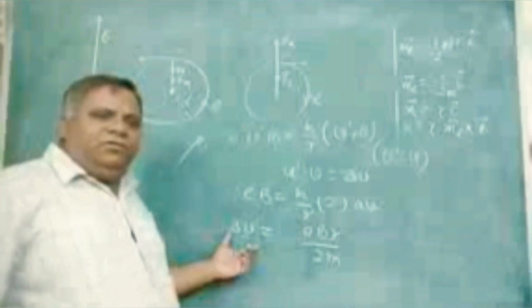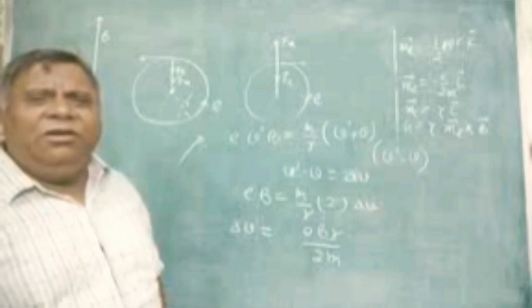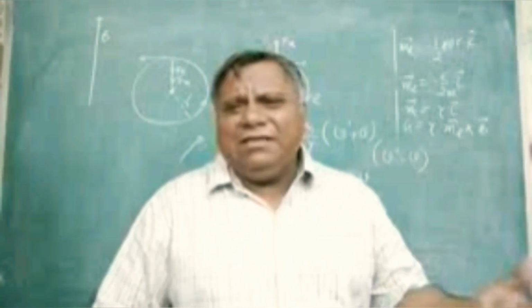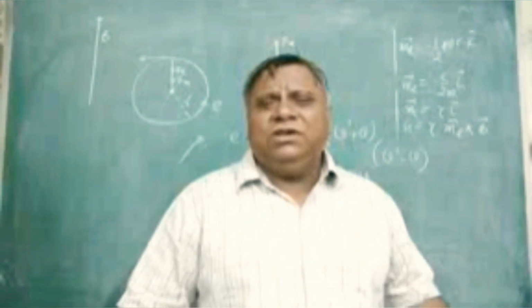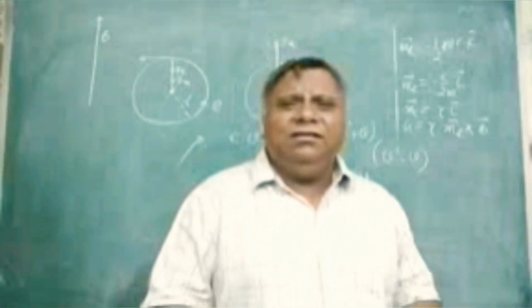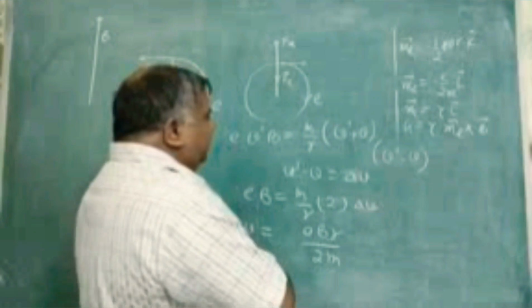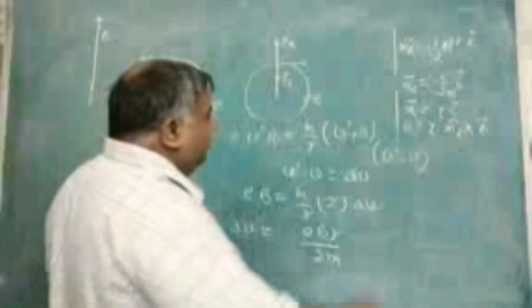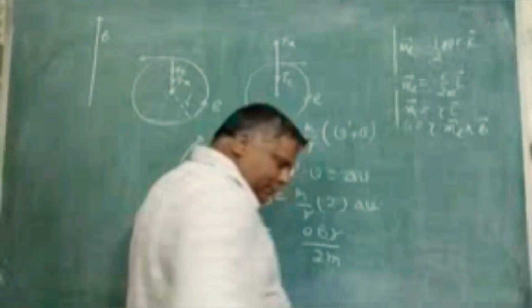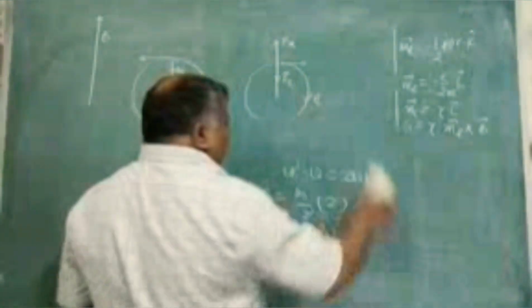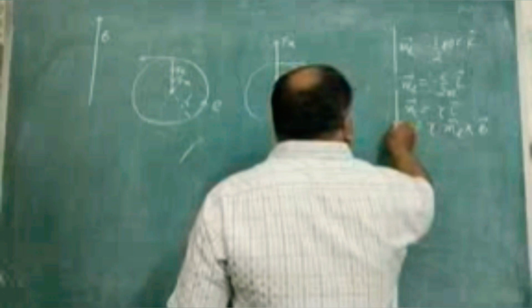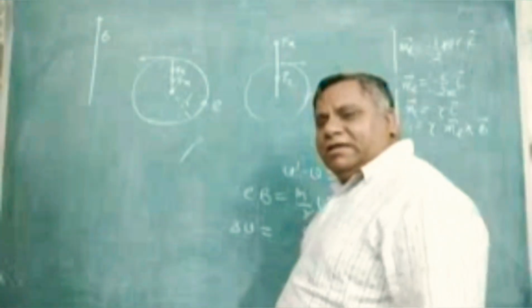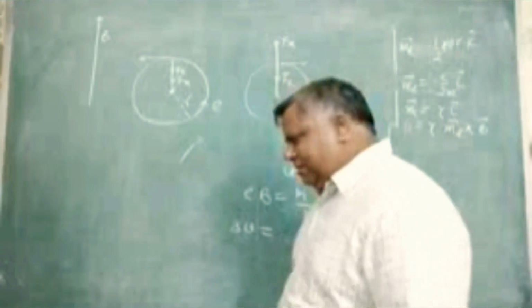This is the change in velocity of moving electron. We can convert into frequency using V equal to R omega relation. And that change in frequency is the Larmor frequency.